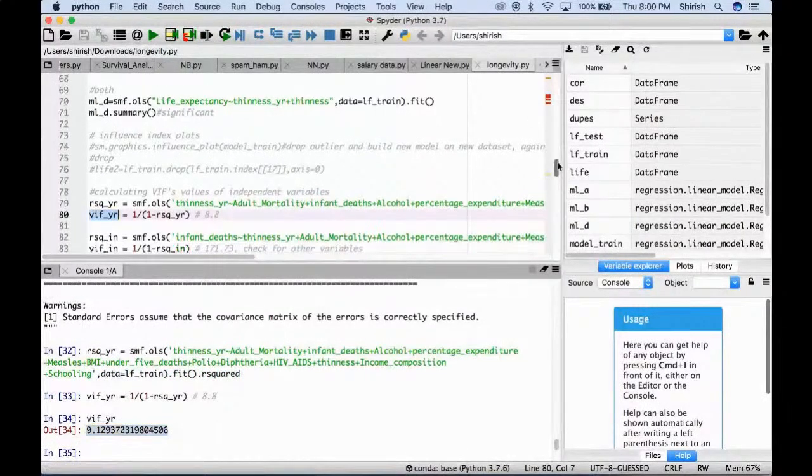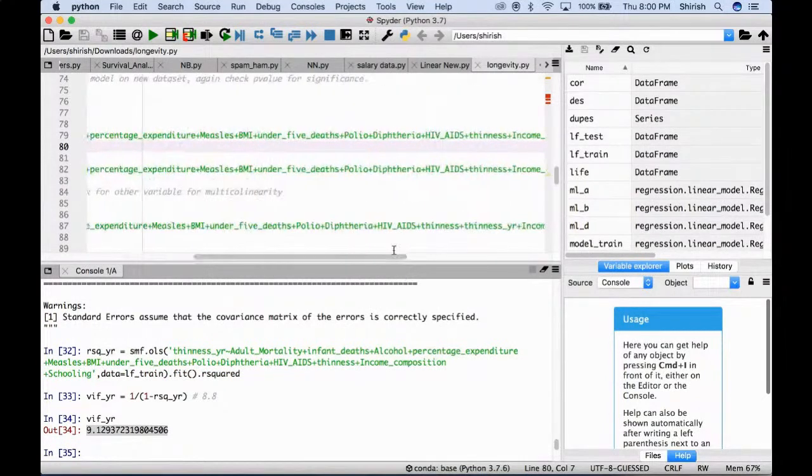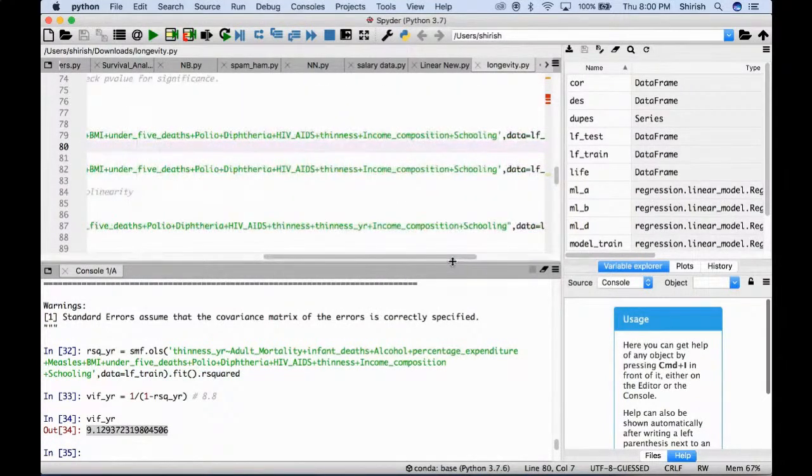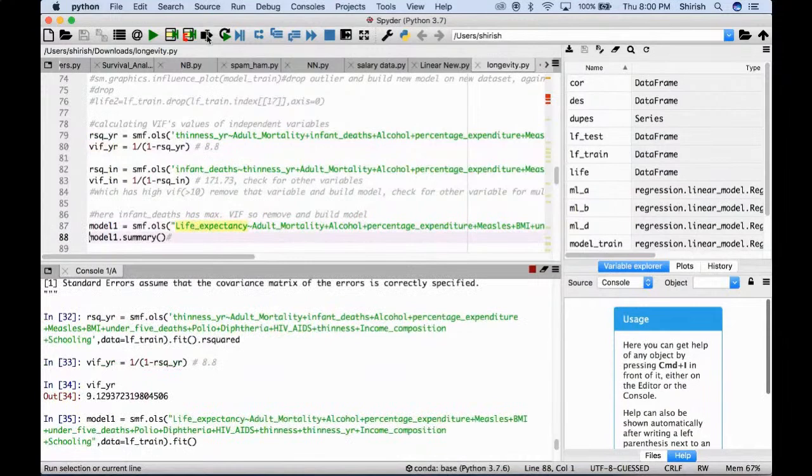I can do it for all the variables here. After you get which values are greater than 10, those variables can be removed, like going for a second chance, because deleting all the variables is not a good option. So I have removed a few things here and checked the summary.